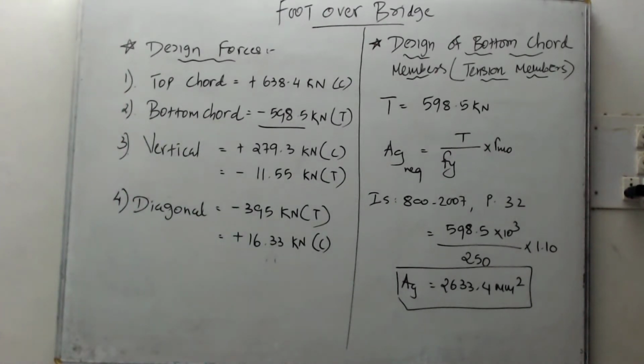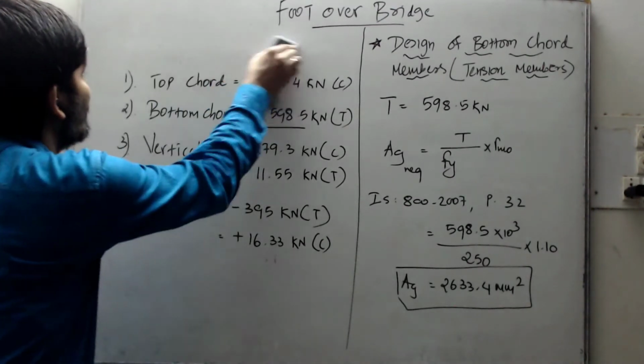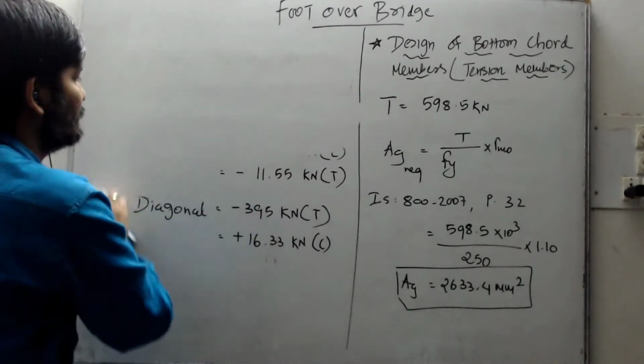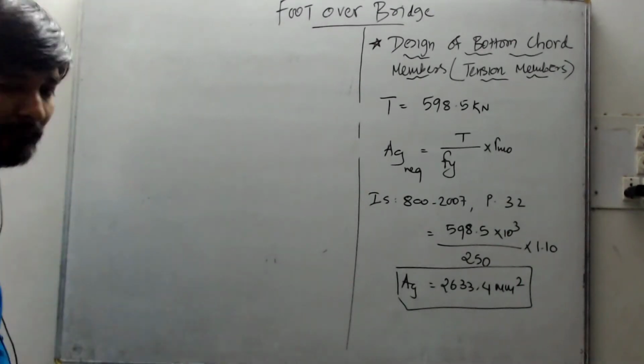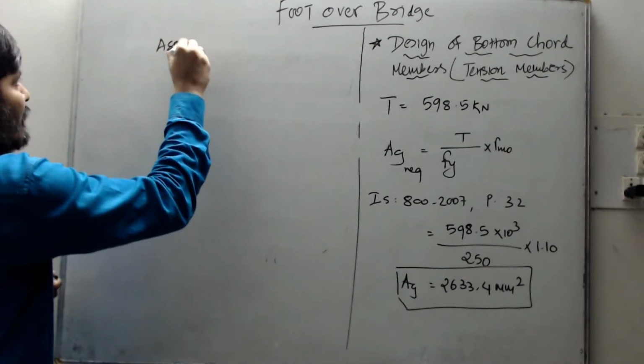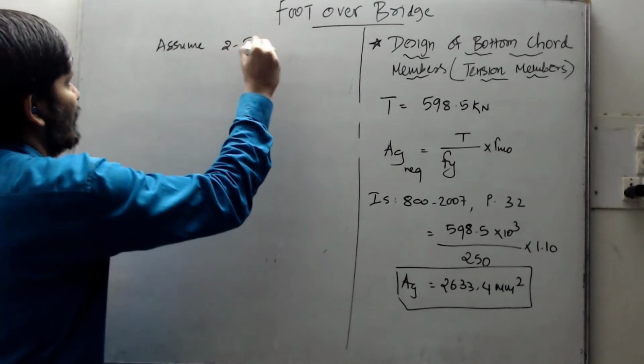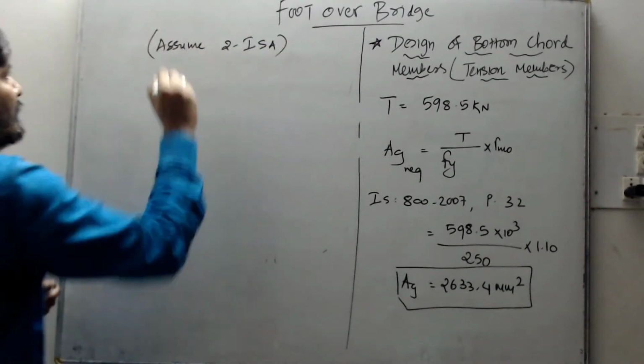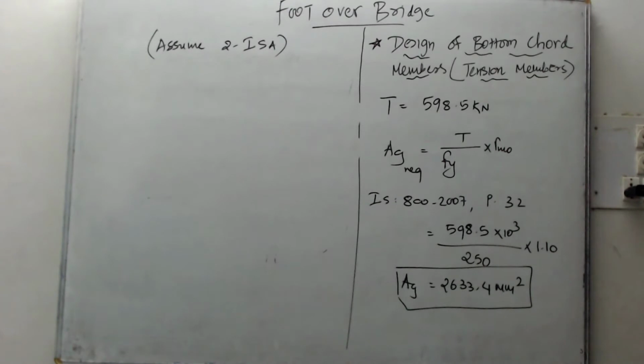Now next we are supposed to select a section from the steel table which has an area more than this. Let us assume that we are going to select a double angle section, so we are going to use 2 ISA. Which angle section is going to be suitable for this?